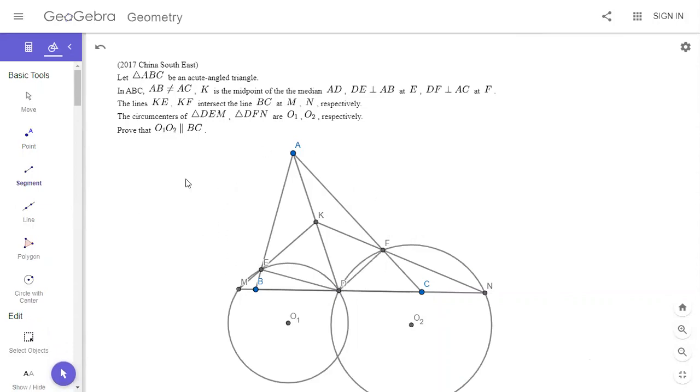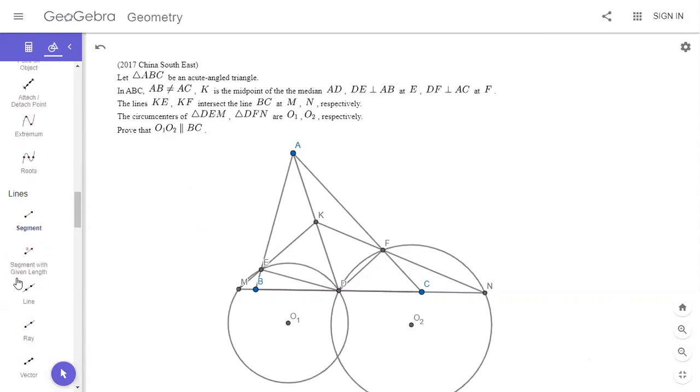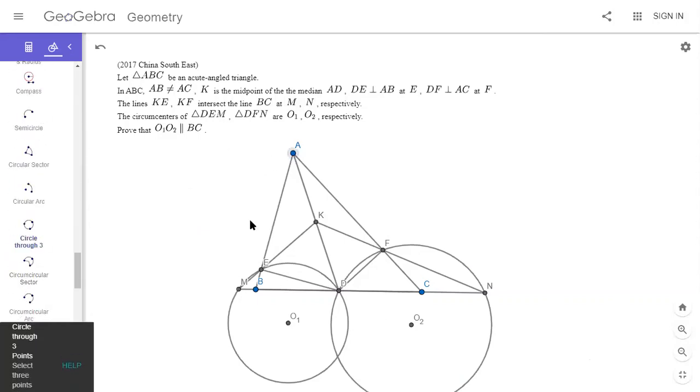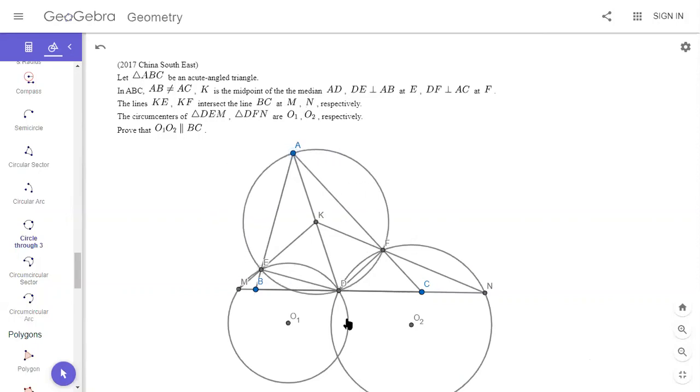So DEAF is also cyclic with center K. Let me draw that in. So is there another way we can restate this? So the distance from O1 to BC is the same as the distance from O2 to BC.